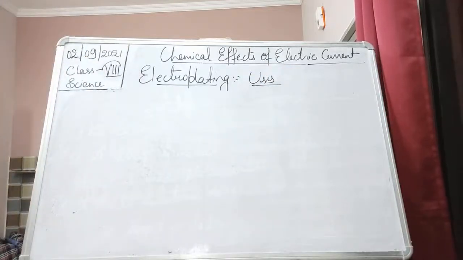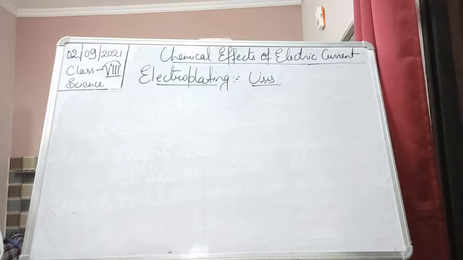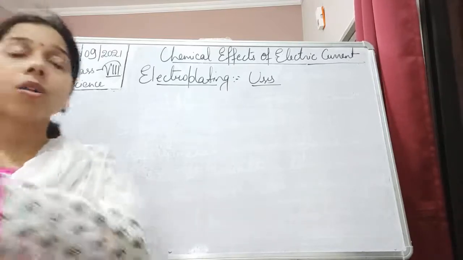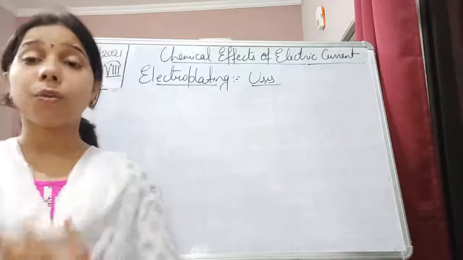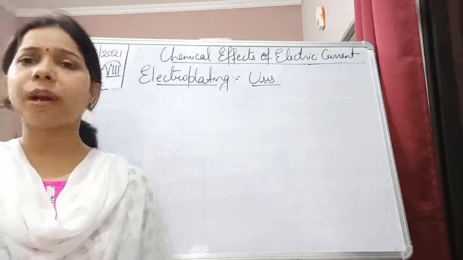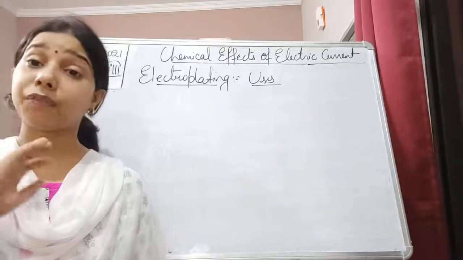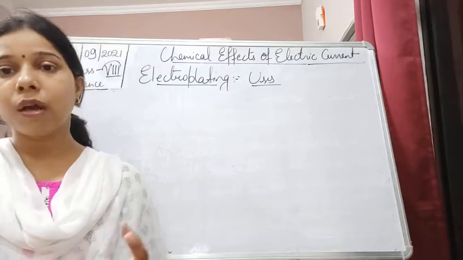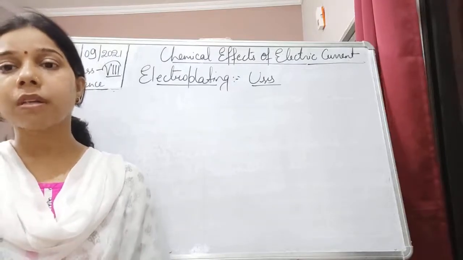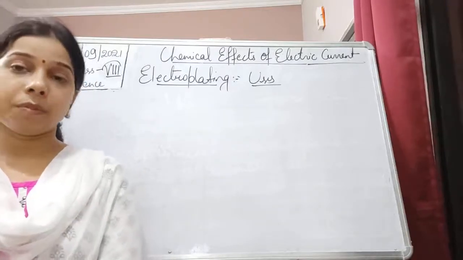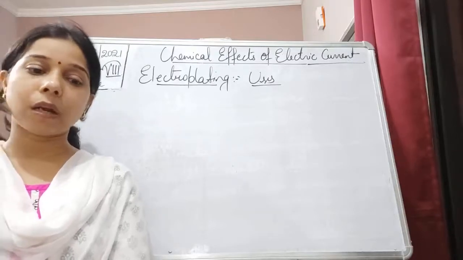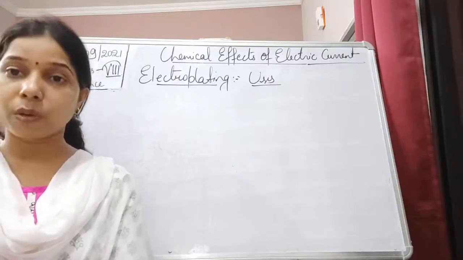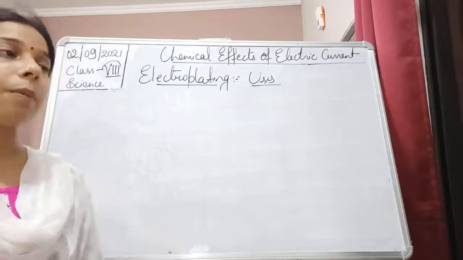The first one is automobiles. Automobiles and bridges are made up of iron. Why is this so, students? Because iron has very high tensile strength, so it is able to hold a large amount of weight. That's why it is made up of iron.